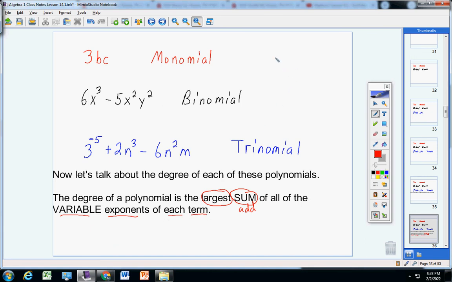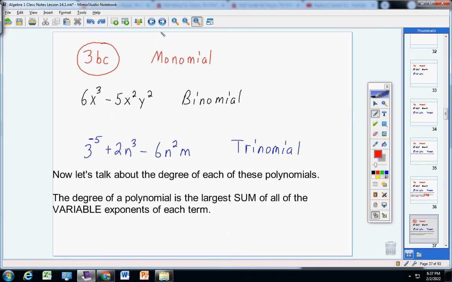You look at each term, add up all of the exponents, and then you find the term that has the largest sum. Let me show you what I mean. Here we go.